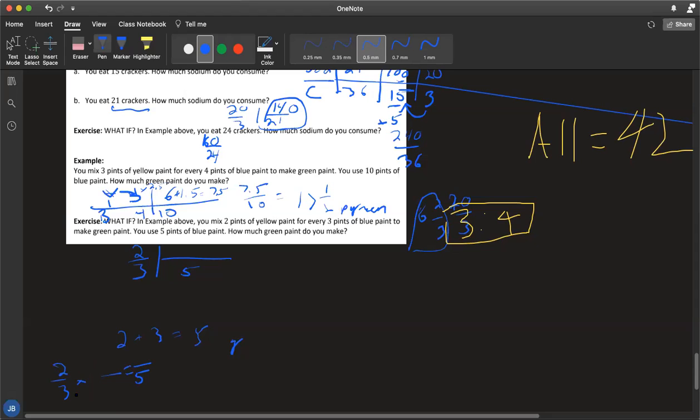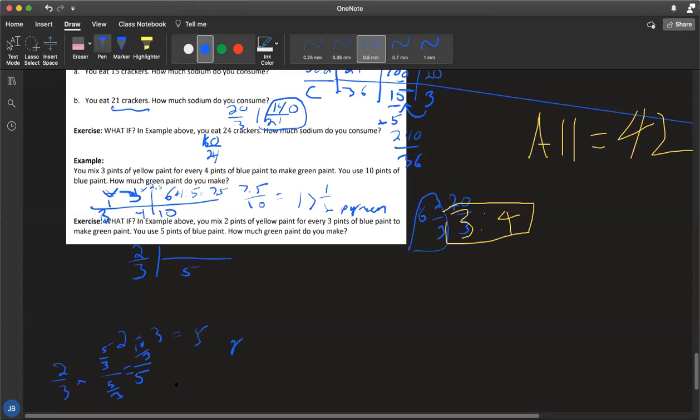So how do I get this? Well, I know if I do 5 divided by 3, my 3's will cancel out. So I can also take the top and multiply it by 5 over 3. And that will give me 10 over 3 to 5.